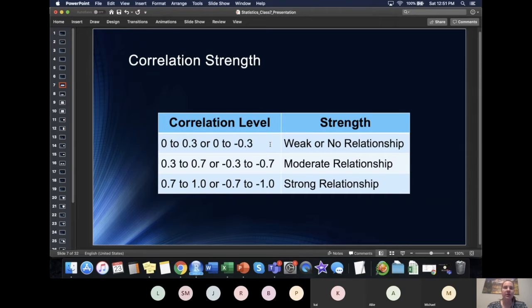I'm going to go over a little bit about the practical implications versus whether it's significant. In general, this is a rule of thumb, but other people might define this differently. This is the breakdown that I see most often.